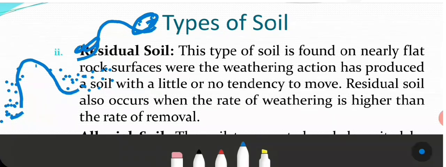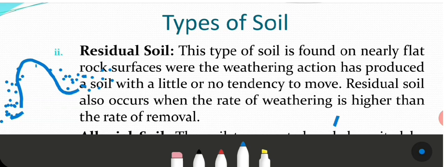Okay, this type of soil is found on nearly flat rock surface where the weathering action has produced a soil with little or no tendency to move. Residual soil also occurs when the rate of weathering is higher than the rate of removal.